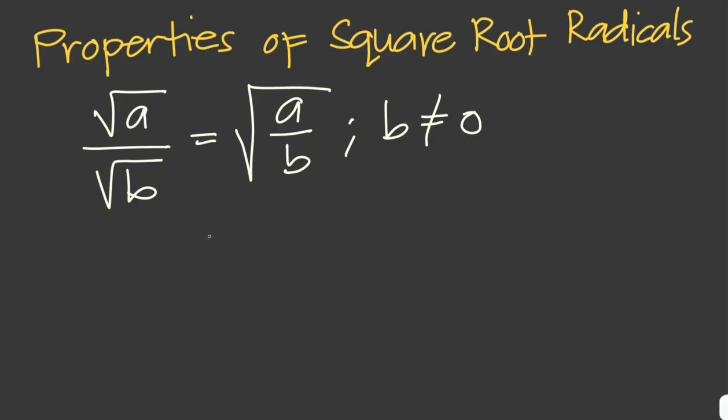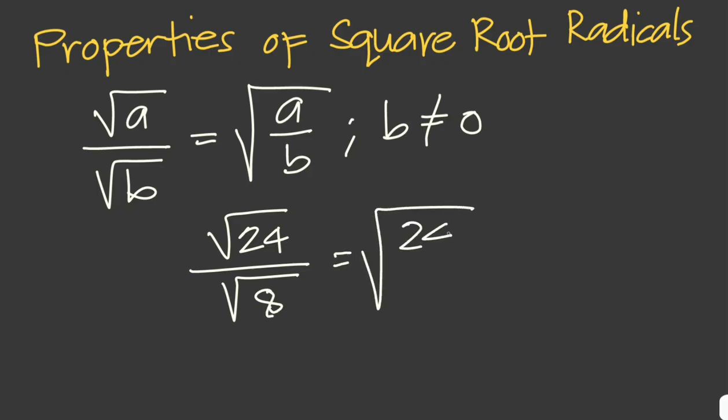For example, we're given the square root of 24 over the square root of 8. Then we can write this as the square root of 24 over 8. And 24 is divisible by 8. Then we can write this as the square root of 3.